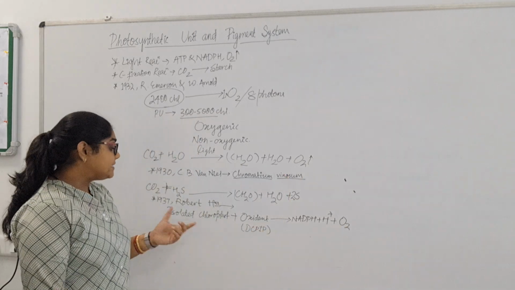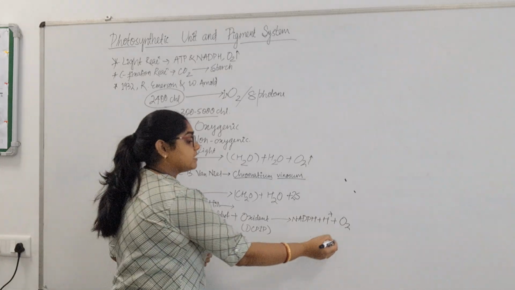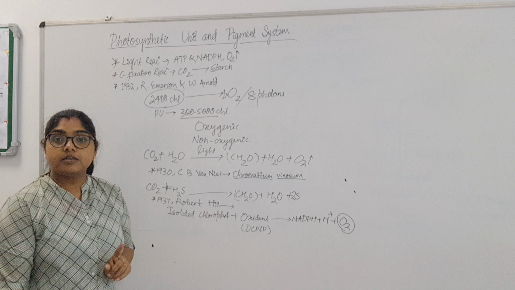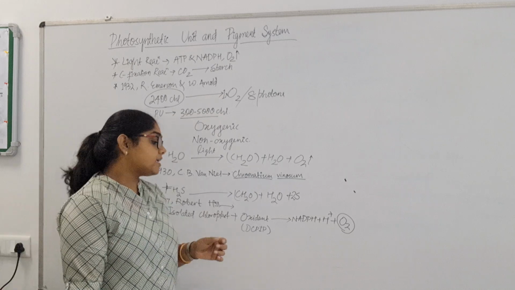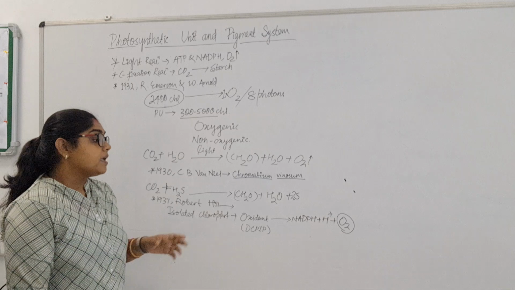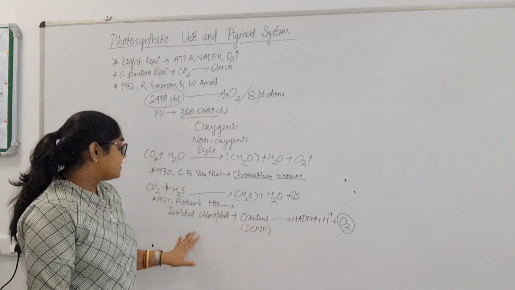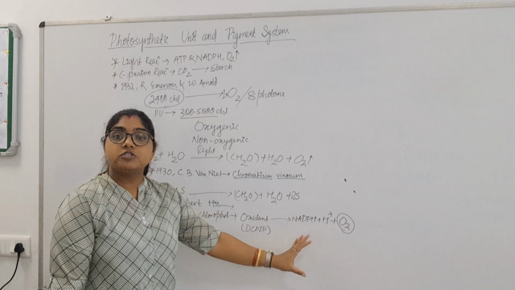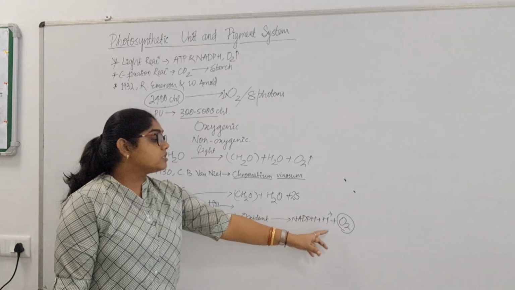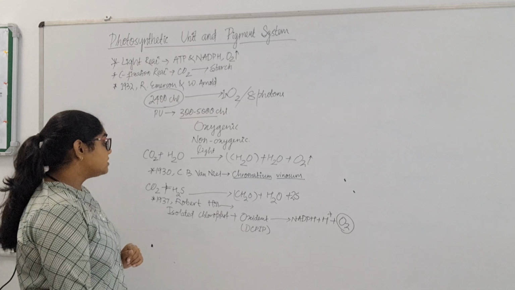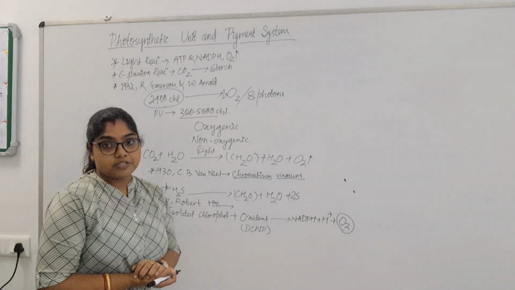So he stated that this oxygen is the product of photolysis of water, not from carbon dioxide, because there is no enzyme to fix carbon dioxide. That's why he states that carbon dioxide is not the source of oxygen in photosynthesis, rather oxygen is evolved from the photolysis of water. This is known as Hill's reaction.